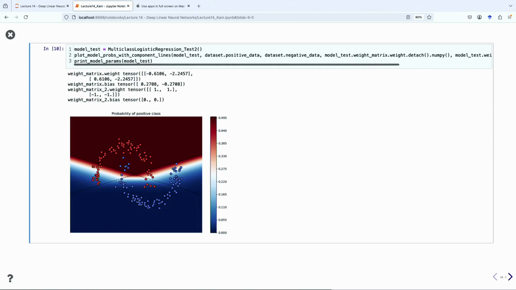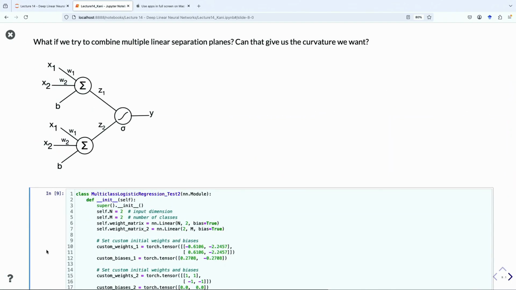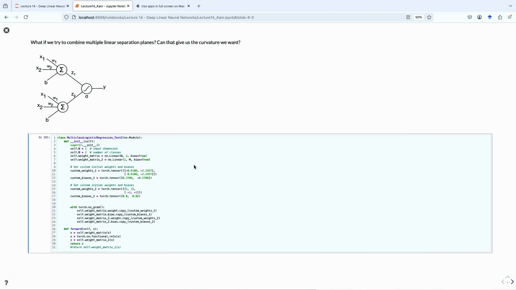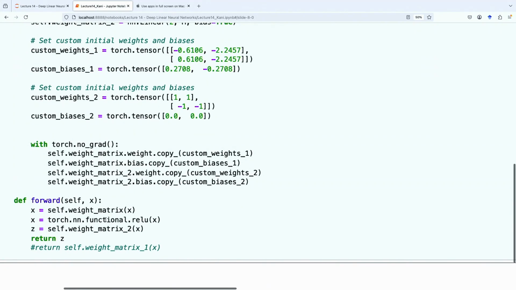Now, I don't know how many of you caught this, but when I defined this model, I did one very important thing. Specifically, I separated these 2 layers by what's known as an activation function. We've discussed activation functions before, right? The sigmoid function is a particular activation function.